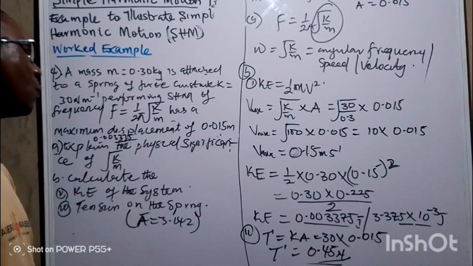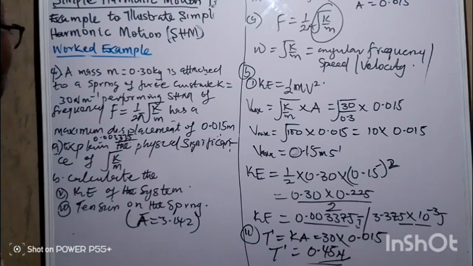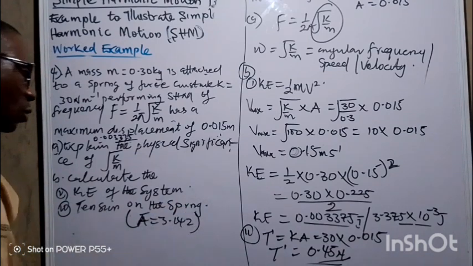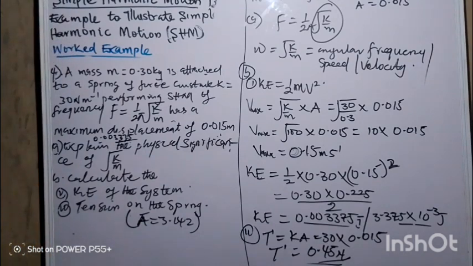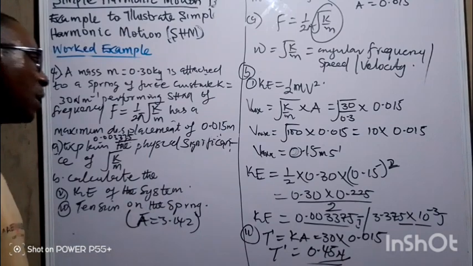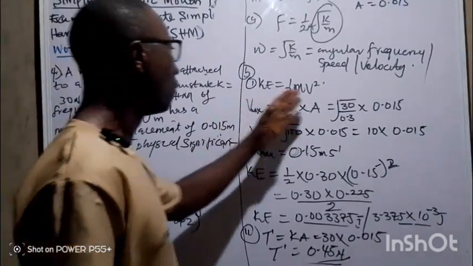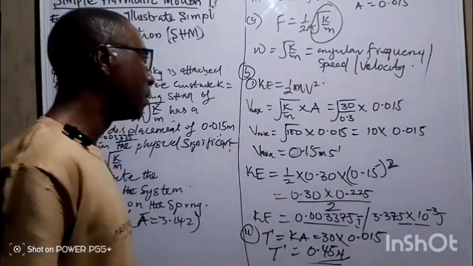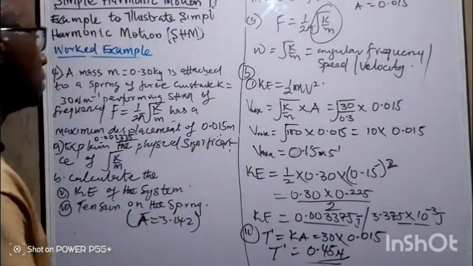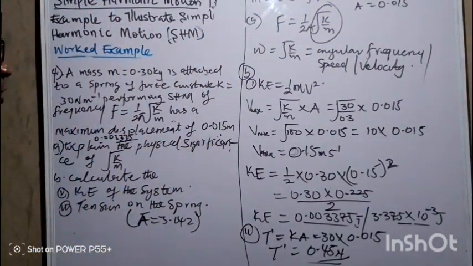If you compare this with what we have done before, under the first illustration, which is the simple pendulum, you could say that the formula given in each system is different. So when you are given a calculation, you need to be sure of the formula you are going to use. That is the essence of separating this topic like this.